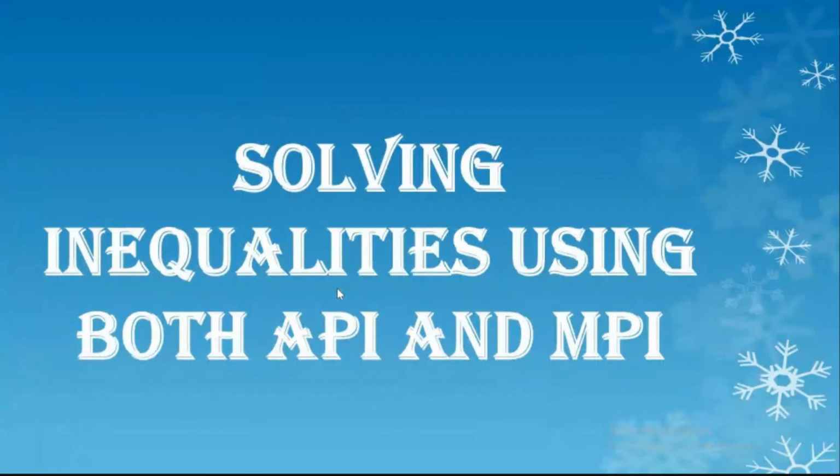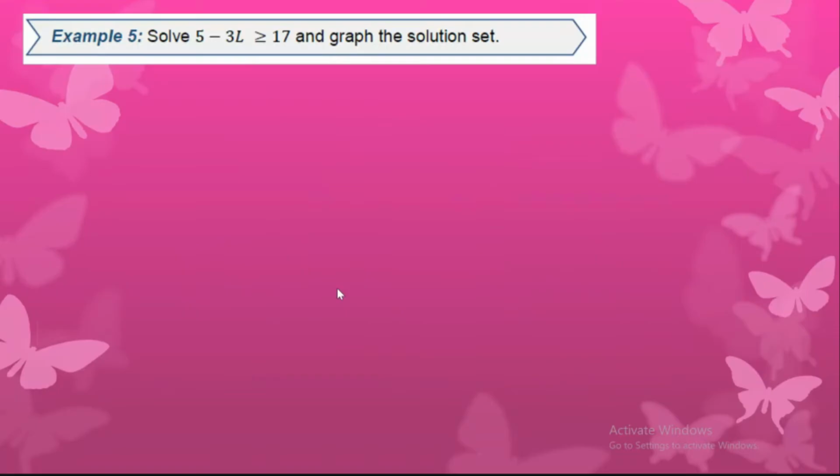Next, we have solving inequalities using both properties, API and MPI. Take note, in using both properties, we have to start with the API. Example, solve 5 minus 3L is greater than or equal to 17 and graph the solution set.